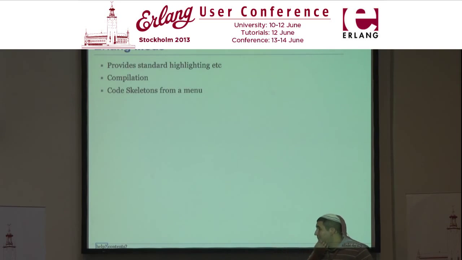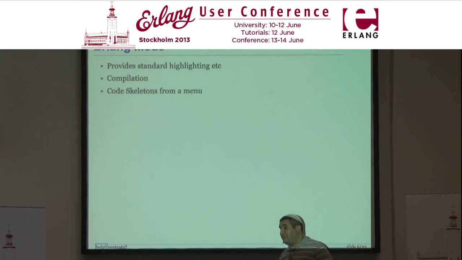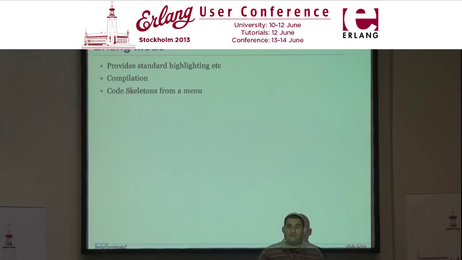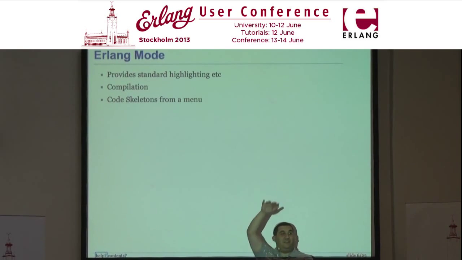So the first tool is Erlang mode for Emacs. It comes with Erlang, so it doesn't have a URL. It provides a lot of utility for Erlang. It does code syntax highlighting. It has templates for everything, so if you forget how to do a receive block, or you need a gen server, you can just pull off a menu and it says gen server, and poof, you have a whole file.